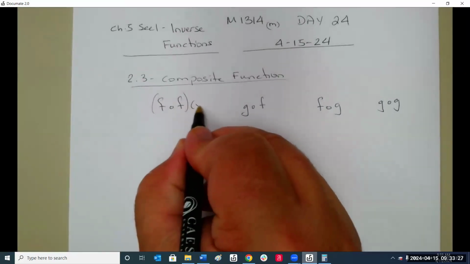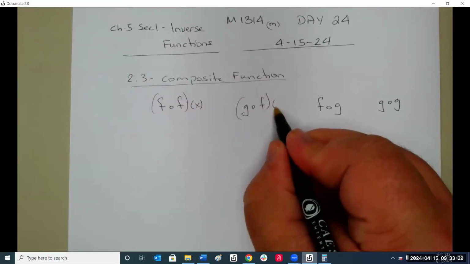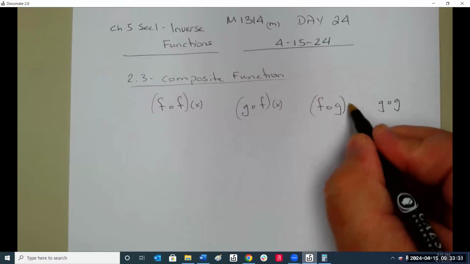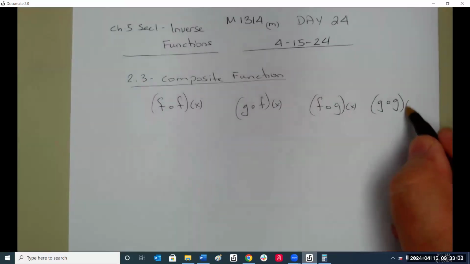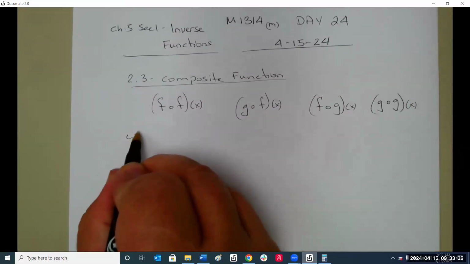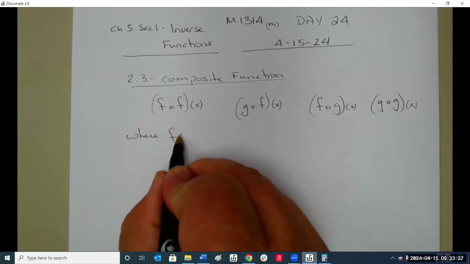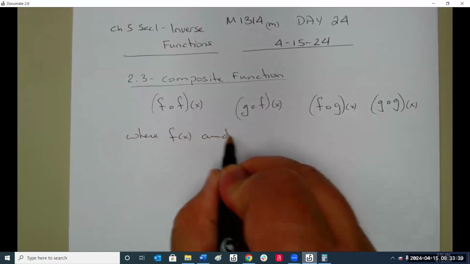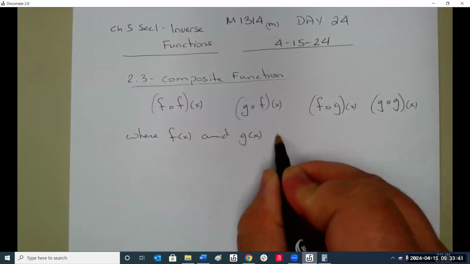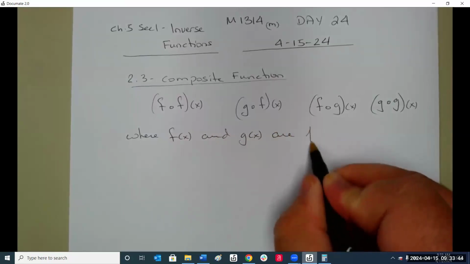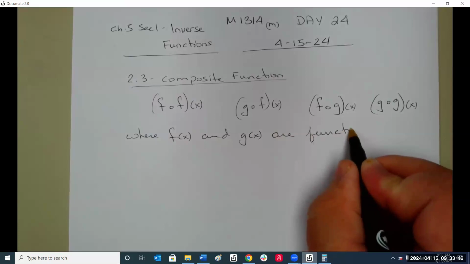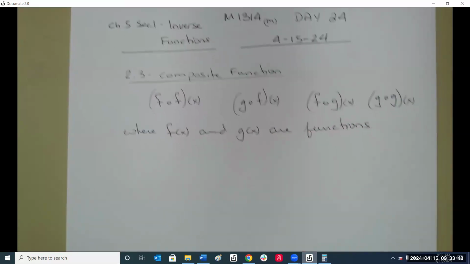Where each of these have their particular meaning, where f of x and g of x are functions.